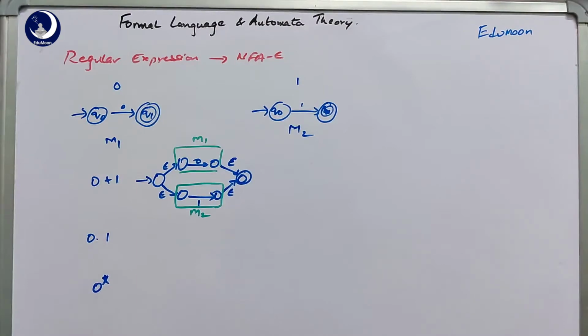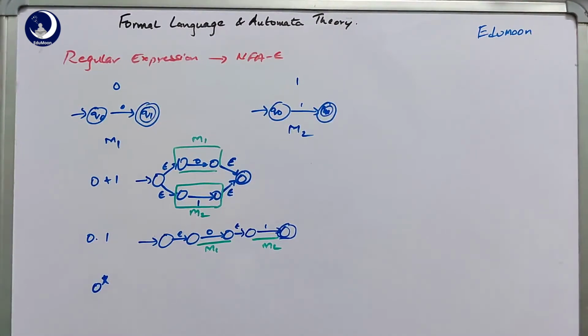And now we go with 0.1, that is concatenation. For simplicity I am not writing anything in the states. You can write A, B, C, D or Q1, Q2, Q3 and so on. Just for simple understanding I am ignoring the names of the states here, and we can add them in later cases.